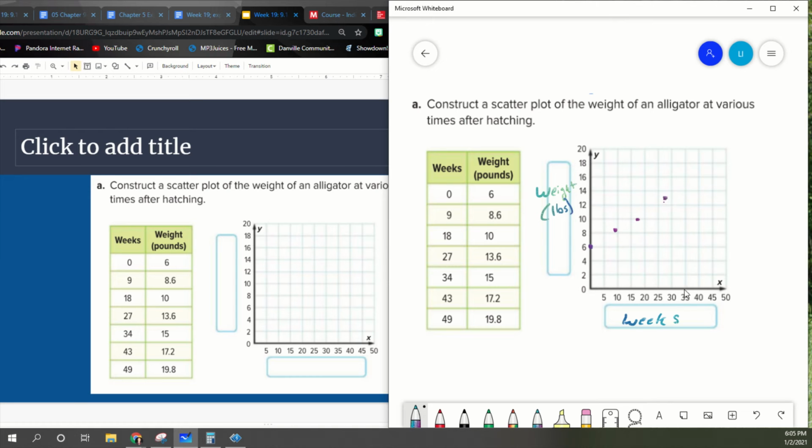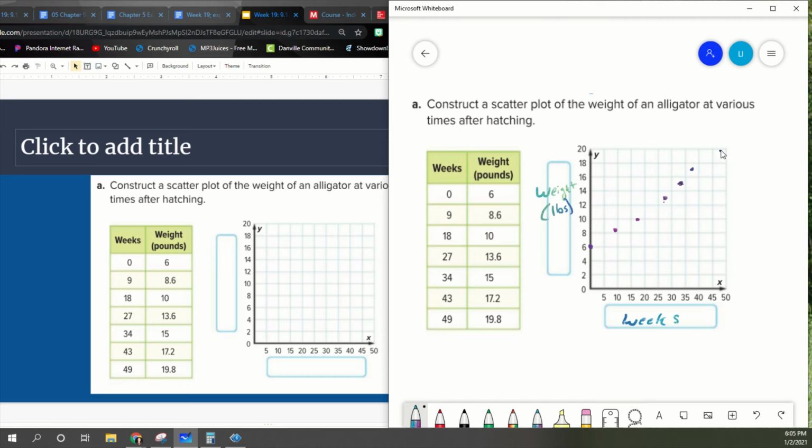At 34, we're at 15. So right between 14 and 16. We're at 34, so about right here. At 43, we're at 17.2. Probably going to be close in between. At 49, we're at 19.8.